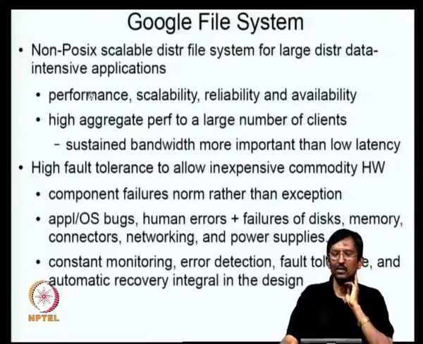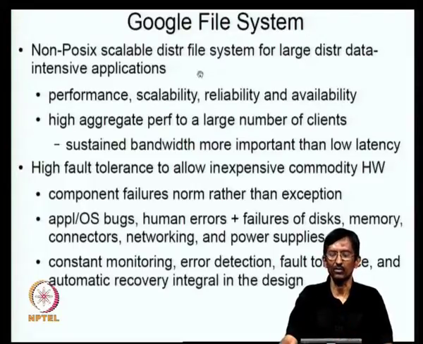Performance, because this particular file system is supporting one major application, that of searching the web, and the critical part of this service should be highly performant. It should be able to supply the search results fairly quickly in spite of the massive amount of data that is there. So, performance is very critical.